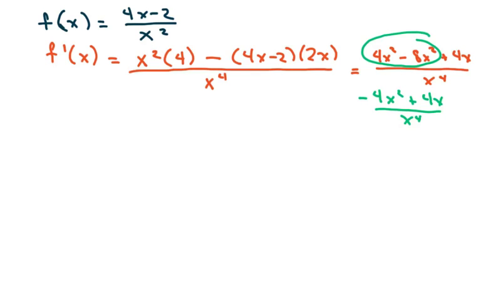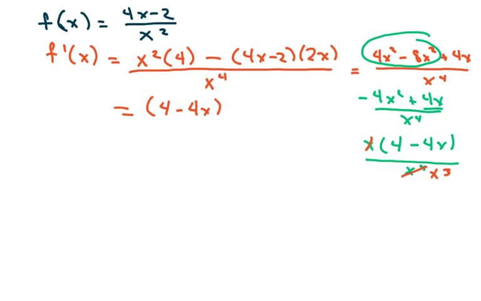So if I factor out 1x, I'm going to rewrite this. I'm going to put him first. So that'd be 4 minus 4x over x to the fourth. And then this x would cancel and you'd have x cubed. So our final derivative is going to be, in simplified terms, 4 minus 4x over x cubed.